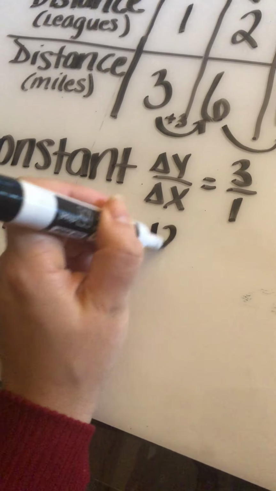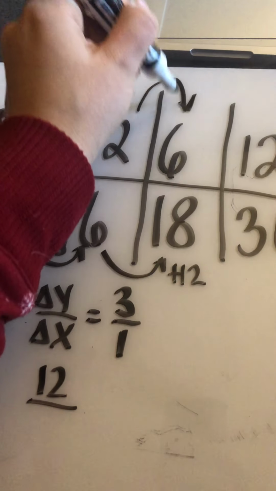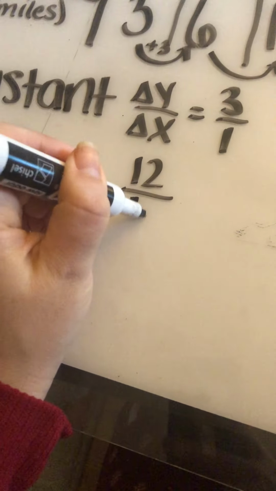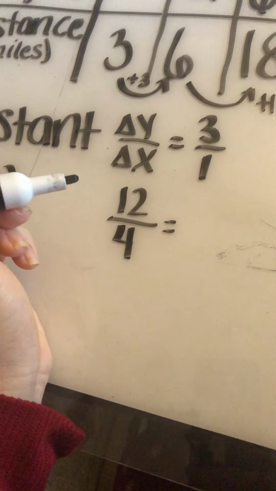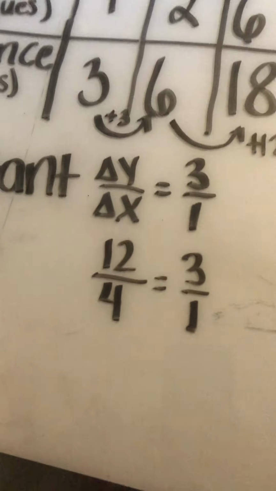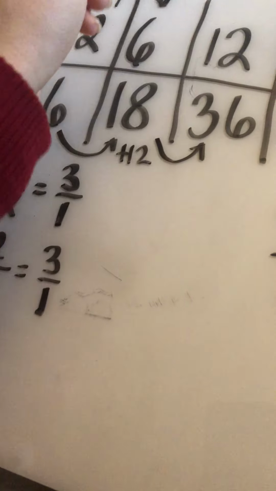So we're going to do 12 over, our x's from 2 to 6 are changing by 4. So we have to check this ratio, 12 over 4. 12 over 4 simplified would also be 3 over 1. So far we're still constant. We're good. And you have to do that for the rest of the table to make sure that it keeps coming out to 3 over 1.